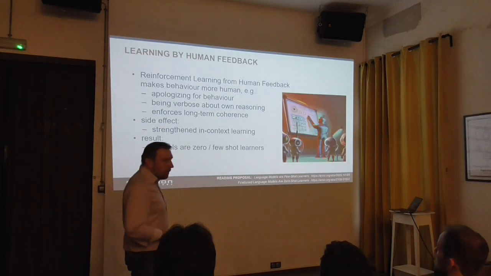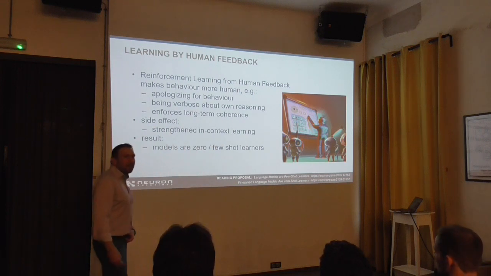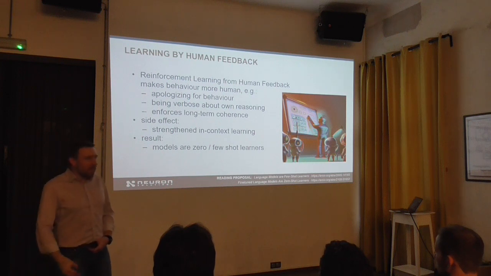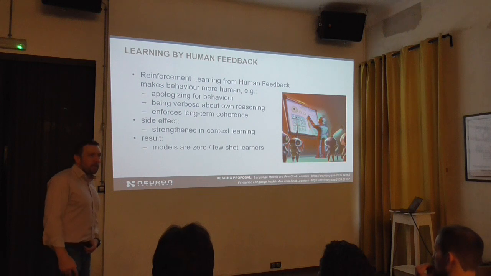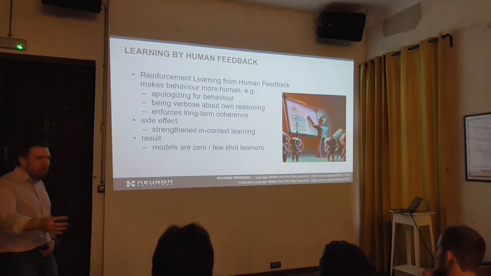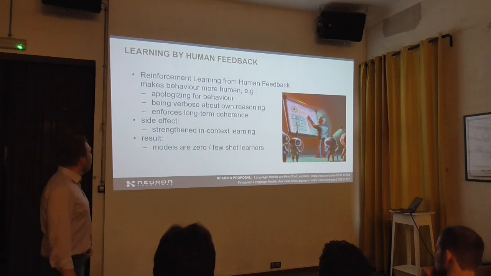As normally we do, we try to form everything to our liking, saying that it should be human. Okay, it's a machine, but it should look like a human. So we started to give human feedback, and we tried to shape the models according to our thoughts or needs or values.